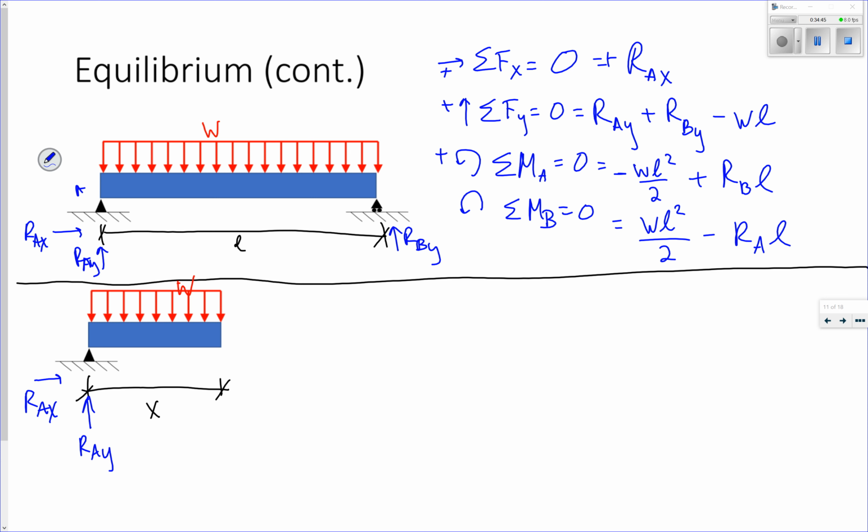And then internally, I have a shear and a moment at this point O, and I also have an axial load.